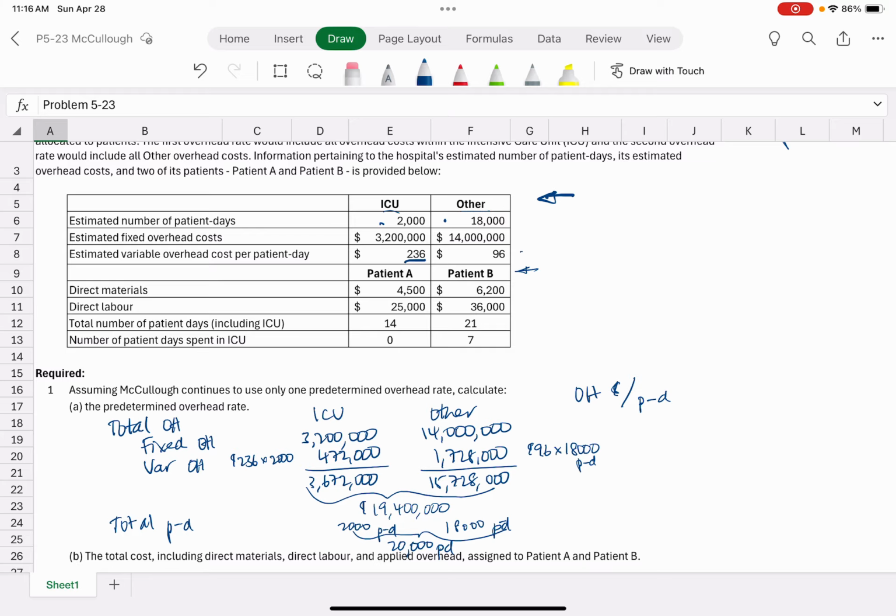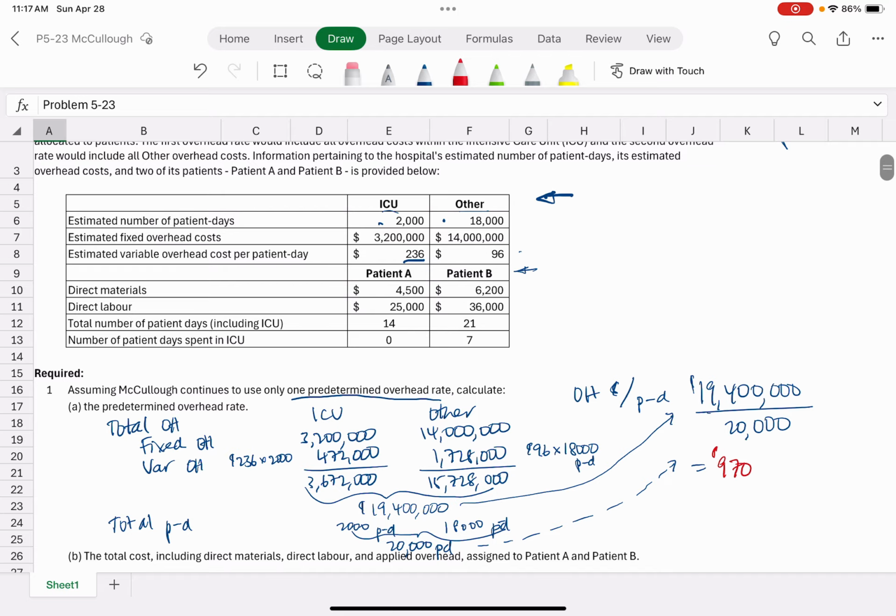So then to calculate our one predetermined overhead rate, we're going to take the $19,400,000 of total overhead over our patient days of 20,000. And it works out to $970 per patient day. That is our one predetermined overhead rate.